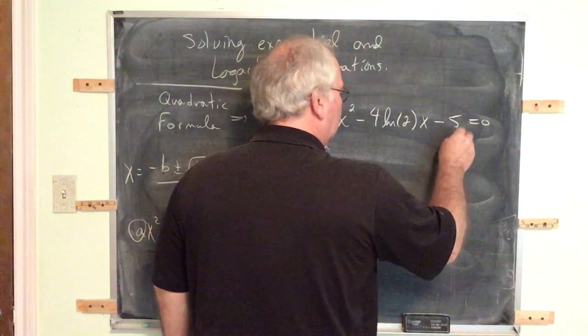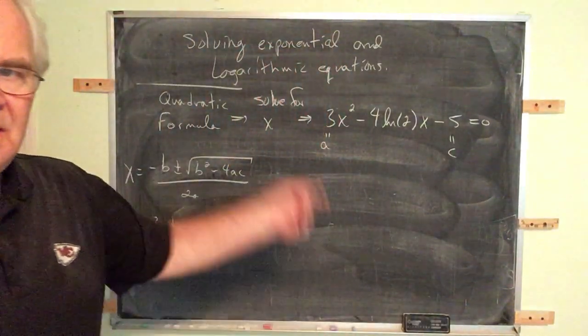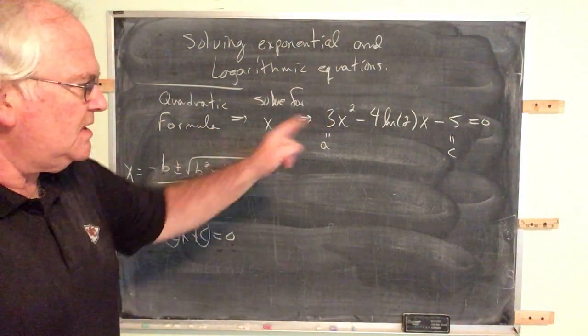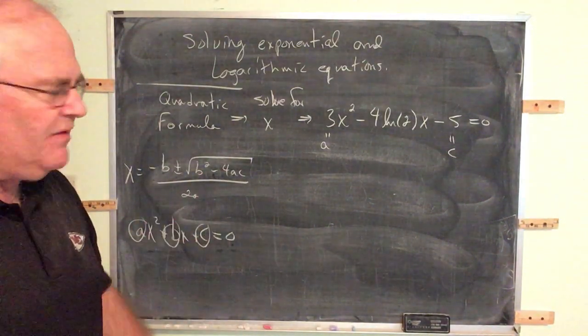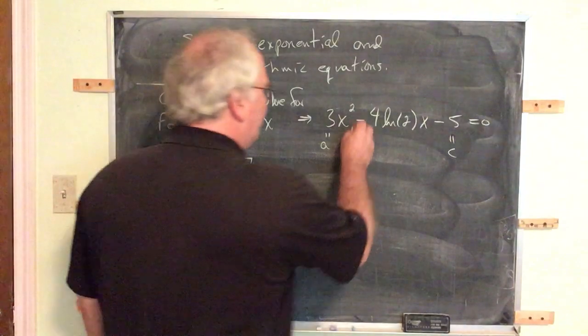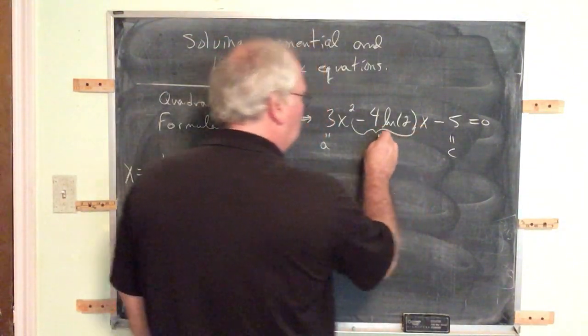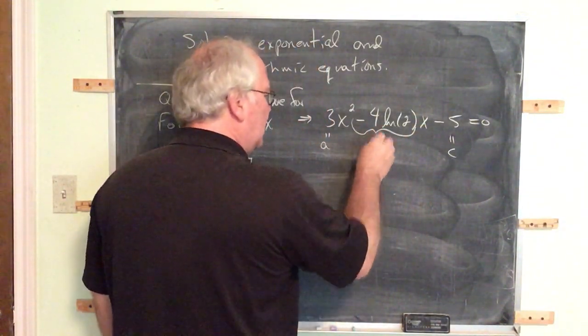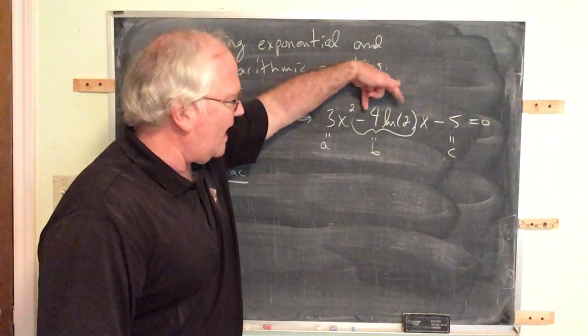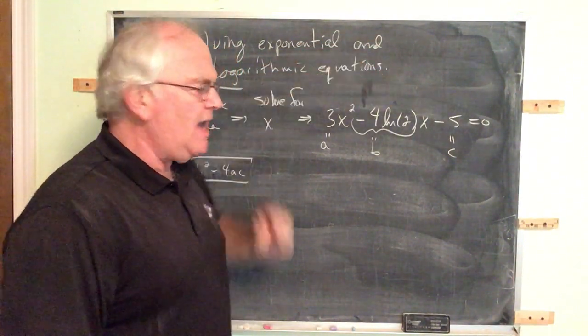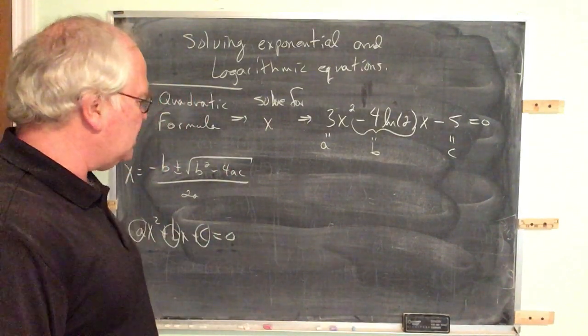C is no problem. What is C? C is not 5. C is negative 5. The sign goes with the number behind it. And the question now is, what is B? B is this large expression. B is negative 4 times the natural log of 2. Write that as if it were a single number, and then at the very end you'll compute this out.